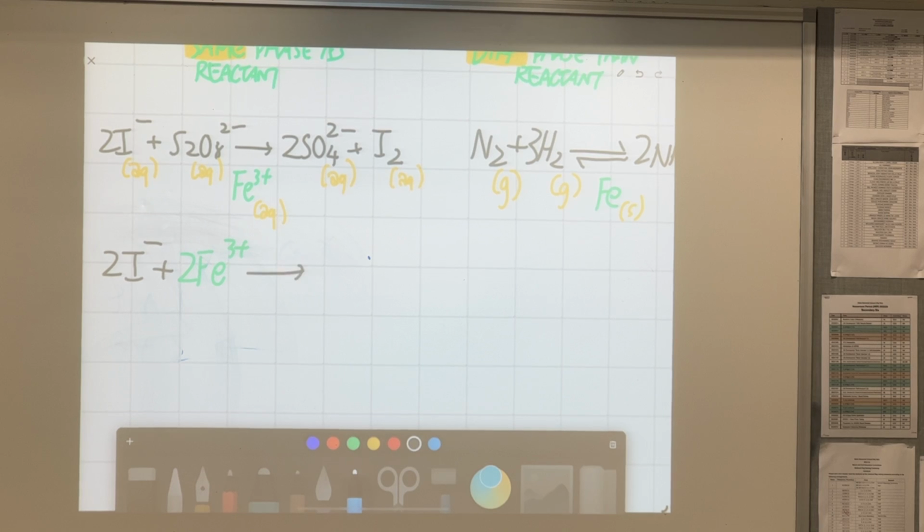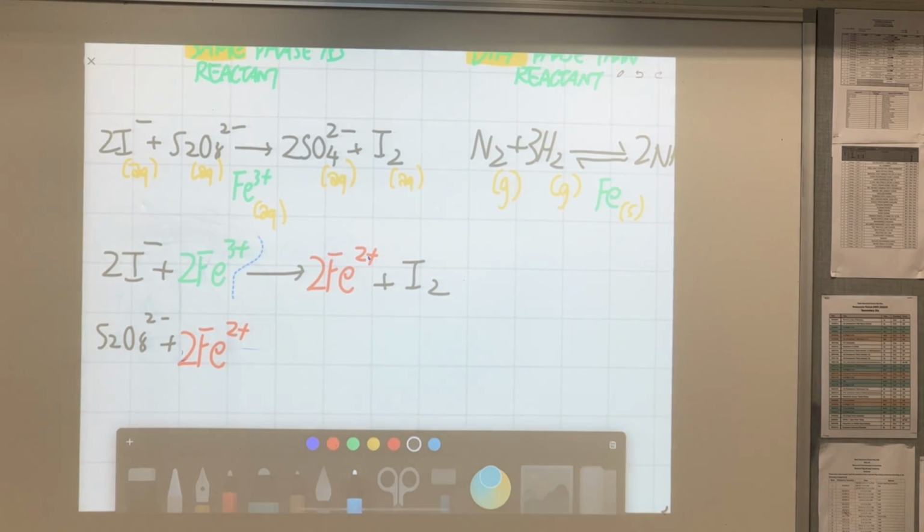What do you call things that are formed in the middle of a reaction but then will be consumed immediately? So you see it's the same stuff over and over in this chapter. You have I2 and the S2O8 2 minus can then react with your intermediate to form back your catalyst. Because the catalyst comes and goes, this is why we say it is regenerated.